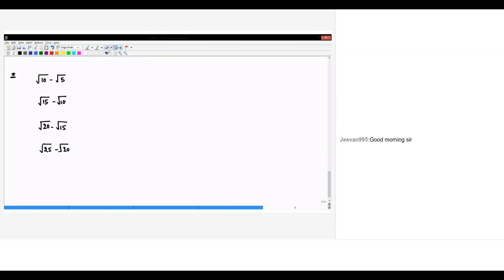Which one is greater? In order to find out the greater, everything is in the form of root of a minus root of b, and a minus b is constant. When a minus b is constant, rationalize it.